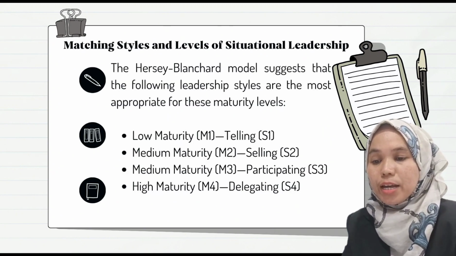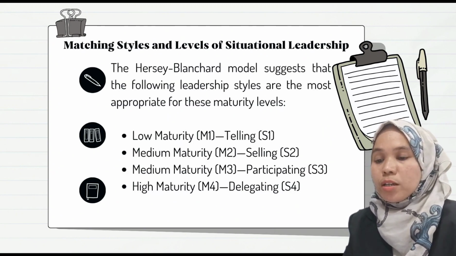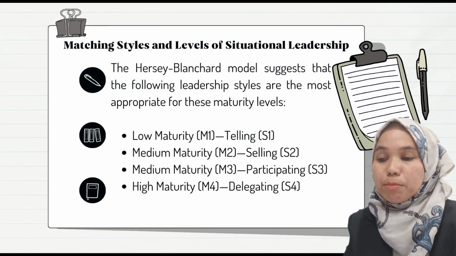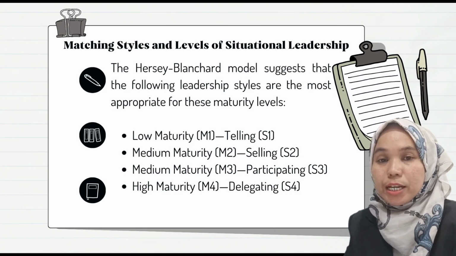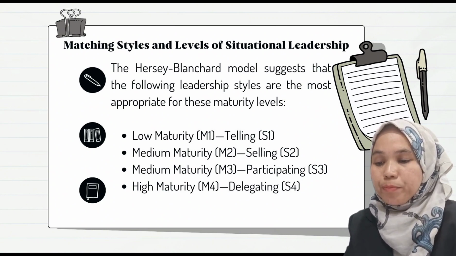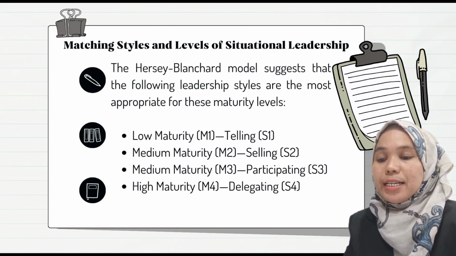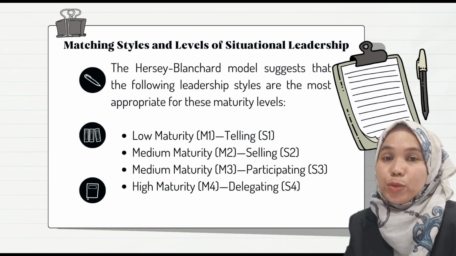Matching style and level of situational leadership. The Hersey and Blanchard model suggests that the following leadership styles are the most appropriate for these maturity levels. For low maturity level, telling style is appropriate, whereas for medium maturity level, selling and participating style is suitable.